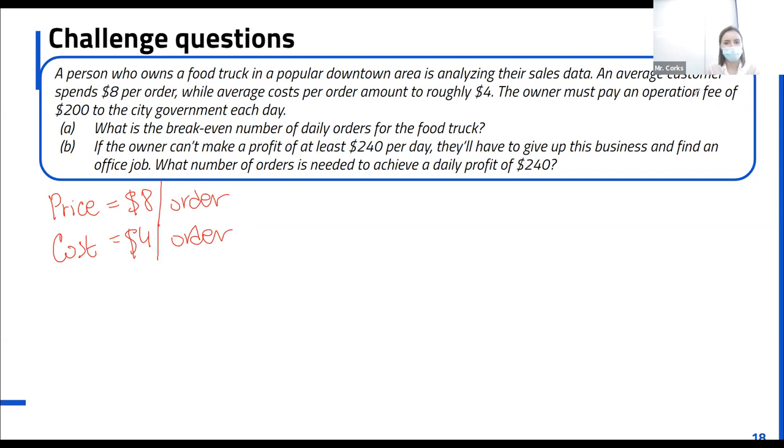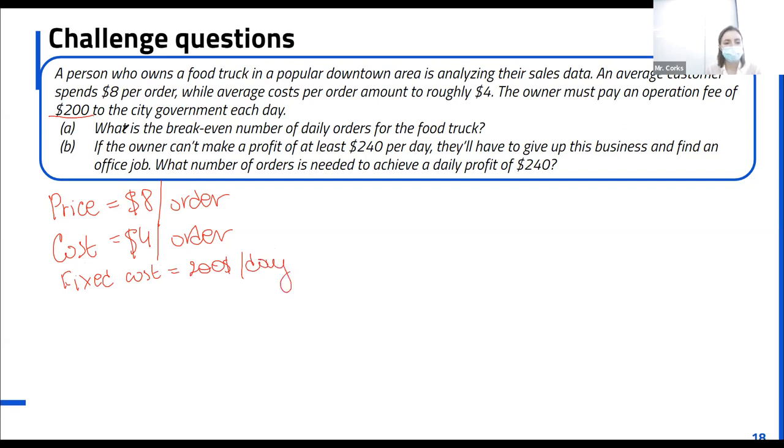Every day when he works, he pays $200 as operation fee. So this is a fixed cost that does not vary depending on the number of orders, because here everything depended on the number of orders customers make per day, but this one does not. So we have fixed cost equals 200 per day.